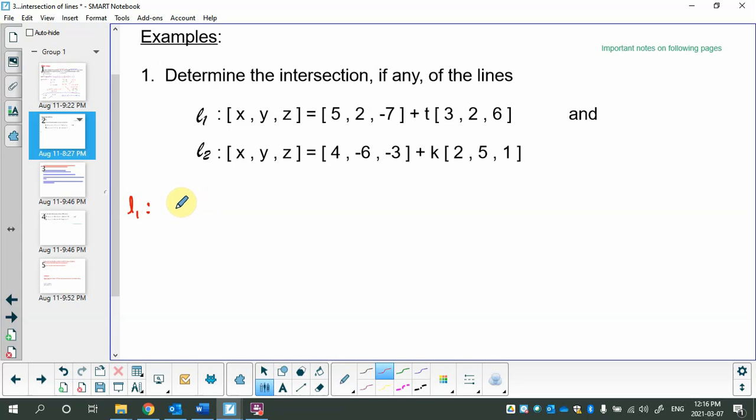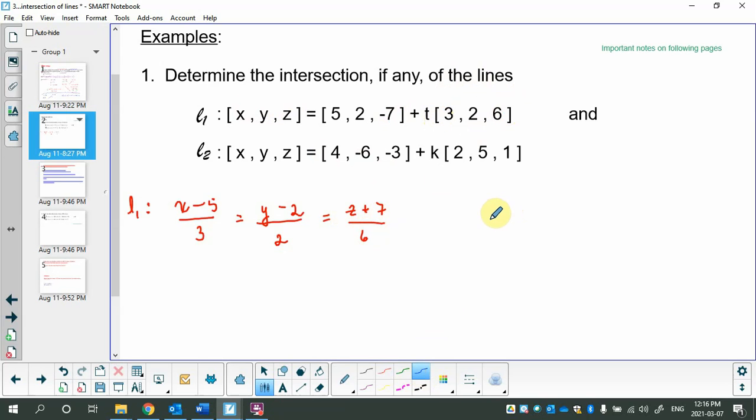So I'll have x subtract 5 from the other side, divided by the 3 that will be beside the t, equals y subtract 2 from the other side, divided by the 2 that would be beside the t in the parametric equations, equals z add 7, divided by the 6 that would be beside the t in the parametric equation.